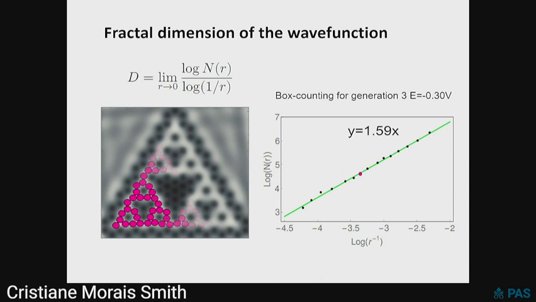You keep doing it many times, reducing and increasing. And all your dots are on a straight line, and the slope of your straight line is the dimension of my object. And you get 1.59. So the electronic wave function is living in dimension 1.59. It knows it is a fractal. This is done for minus 300 meV.